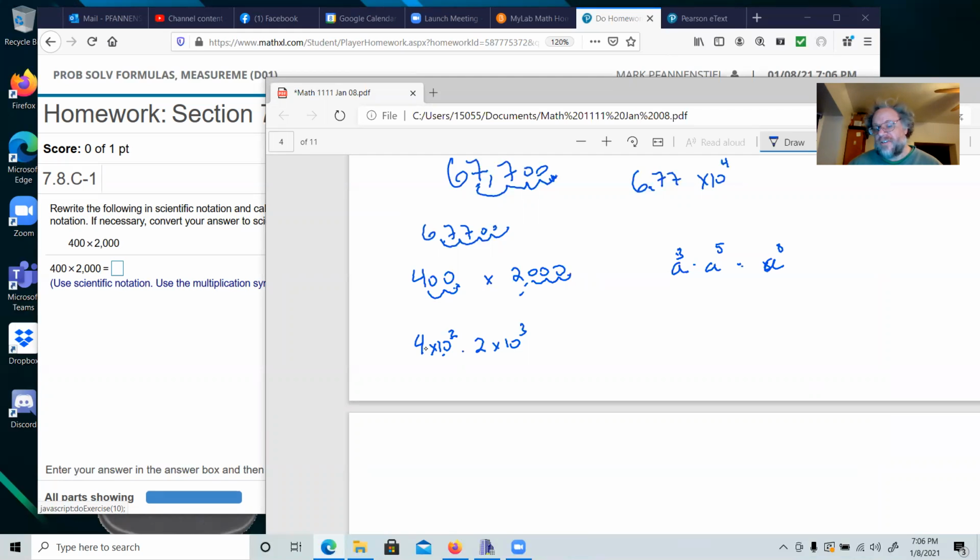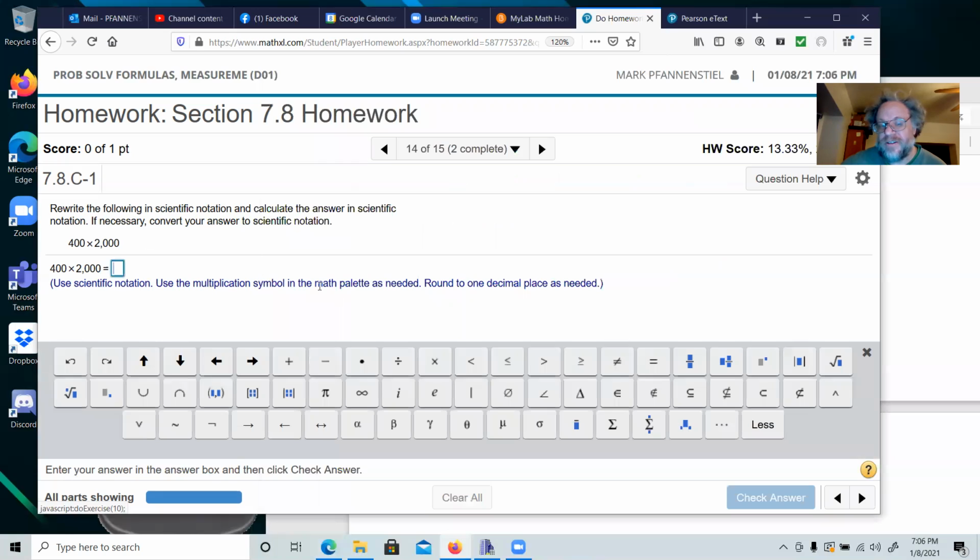So there's a 10 to the 2 and a 10 to the 3. We add the exponents: 2 plus 3 is 5. And then 4 times 2 is 8. You can also double check that in the calculator. But we want 8 times 10 to the fifth.